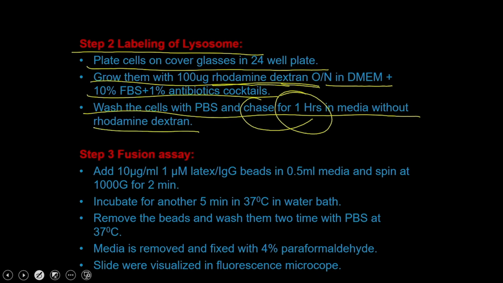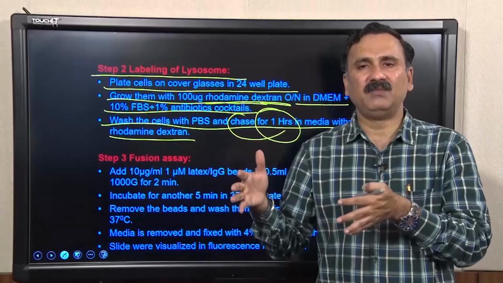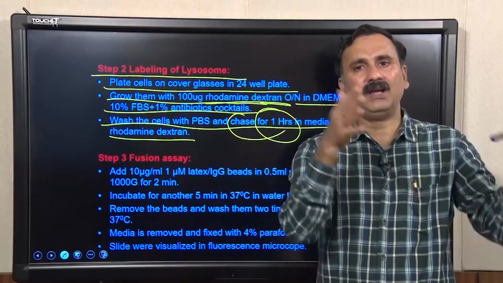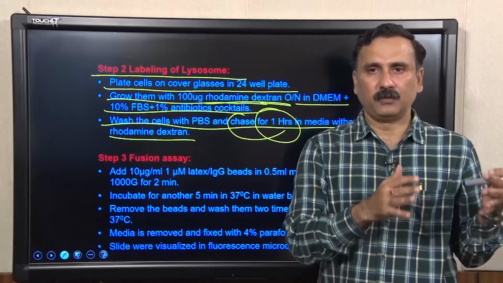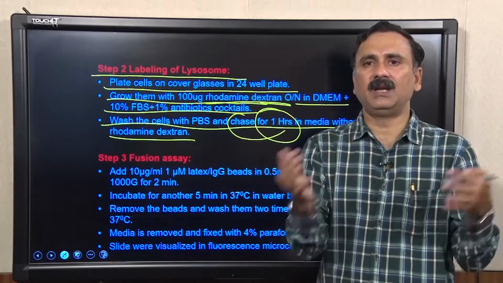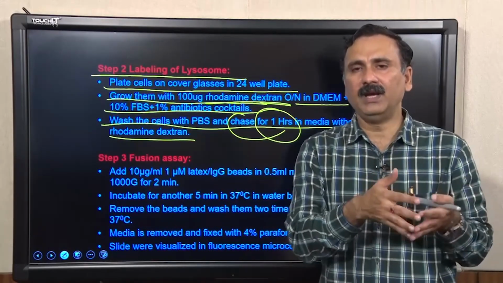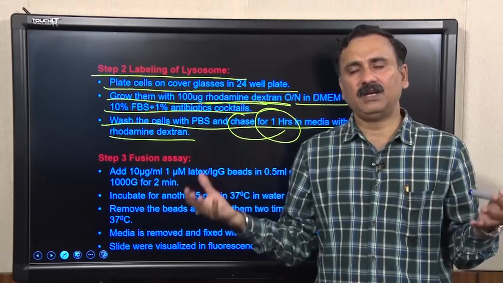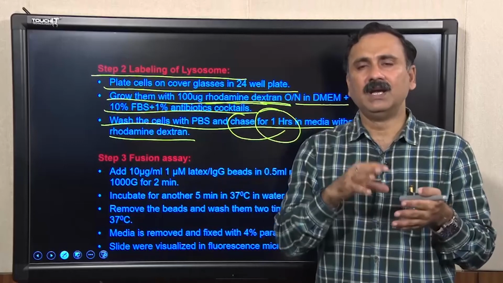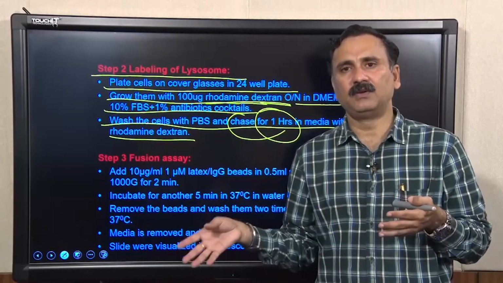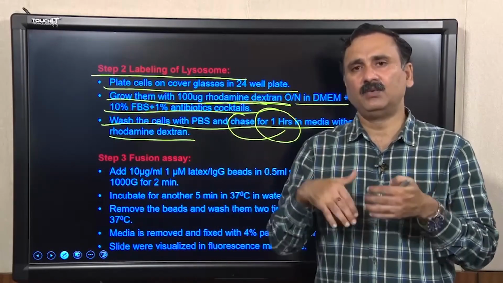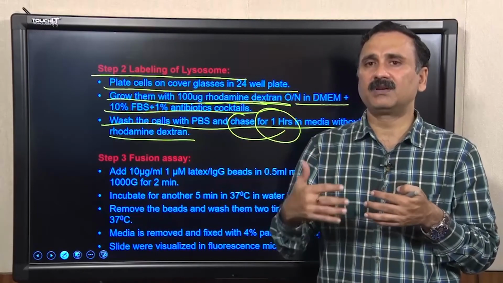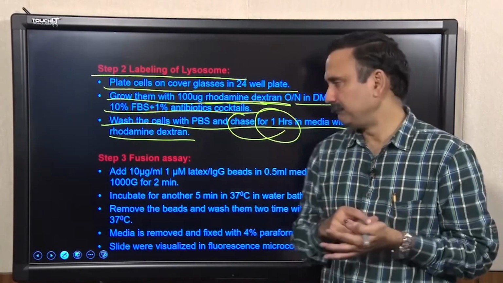If you do so, the last drop of rhodamine dextran will also end up in the lysosomes, because eventually everything ends up in the lysosome. That is the mechanism the cell has devised, so that whatever it drinks or eats ends up in the lysosome, gets digested, and you can use the nutrients coming out of the digestion.